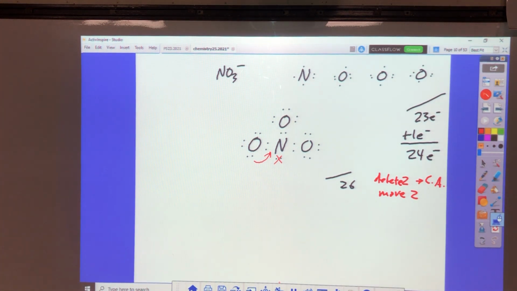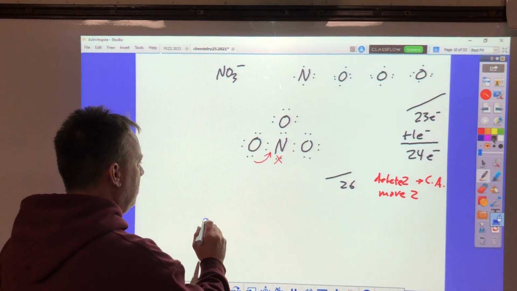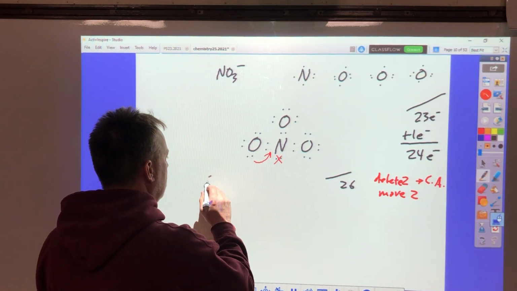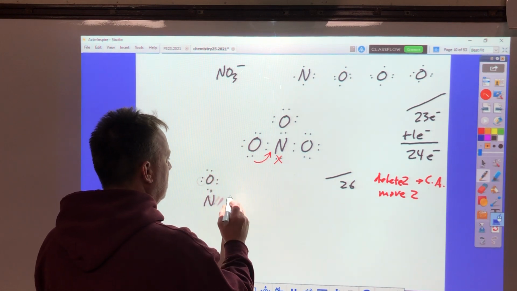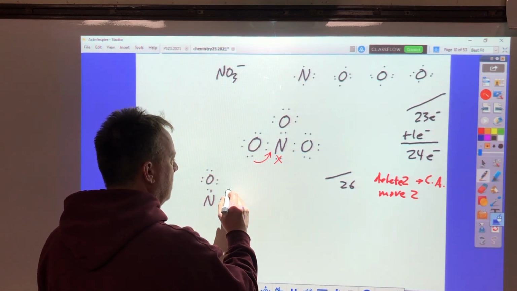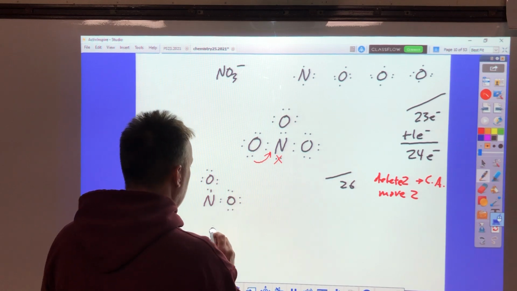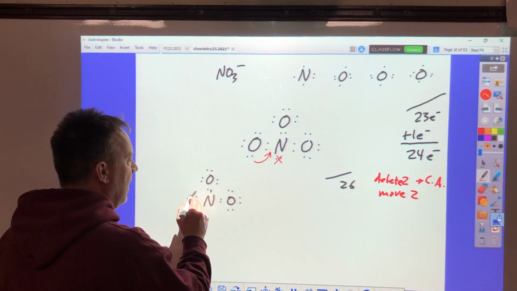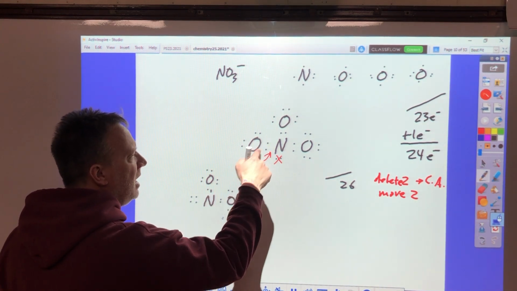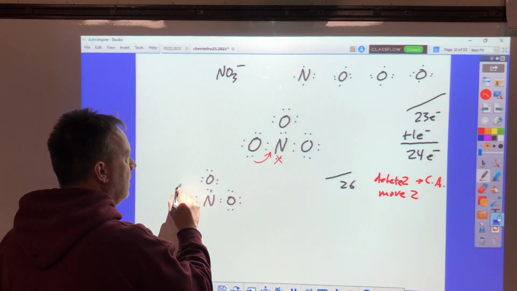Once I do that, I'll have this. And then this oxygen will have 2 sets in there. That set and this set, that's a double bond.